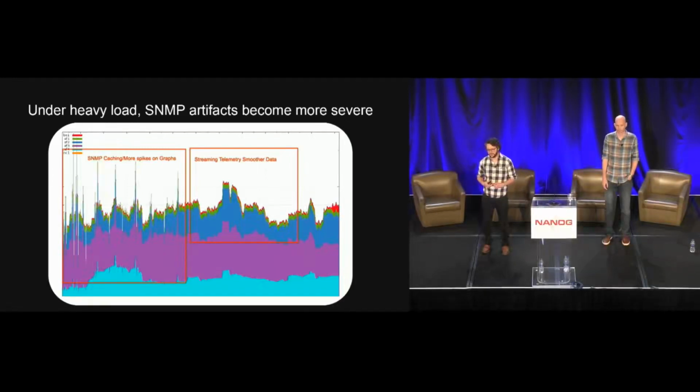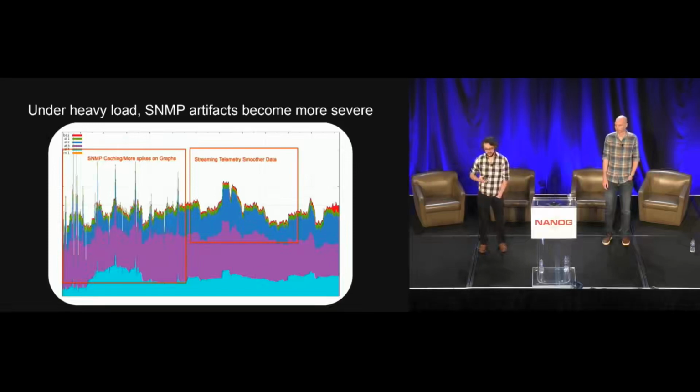The left-hand side of this graph shows SNMP data from an interface. There's multiple spikes. Apparently, we've worked out how to put terabits of traffic through a 10 gig interface, but just not that consistently. This shows where we're unable to rely on this kind of data for making real control decisions based on the network. We're having to guess what's right in terms of the data because there's so many artifacts in it.